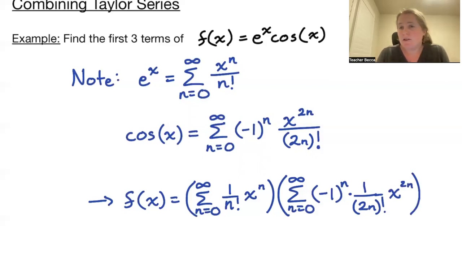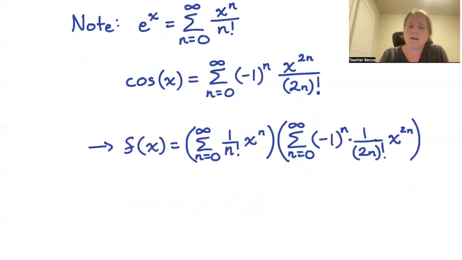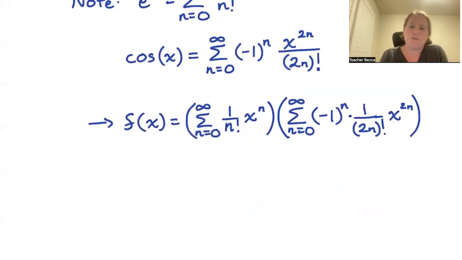Now we had a trick for multiplying series. In this particular case, it will likely be easier if we actually just write out the first quite a few terms of the series.